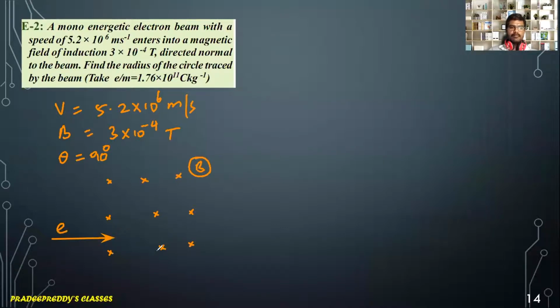As a result, it would take a circular path, because whenever a charged particle enters a magnetic field, it experiences a centripetal force, and that force magnitude is equal to q into v cross B, which is equal to qvB sine theta.